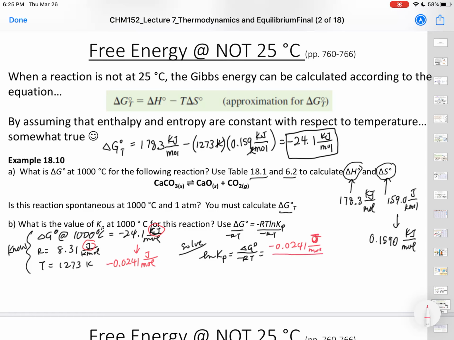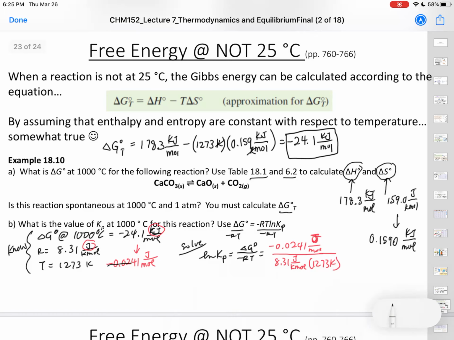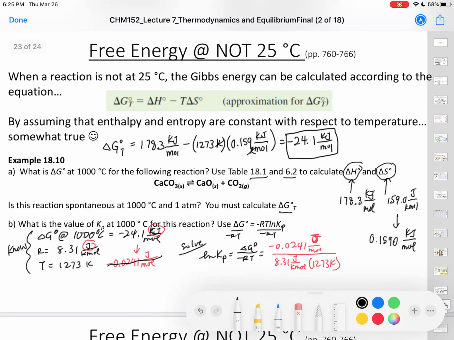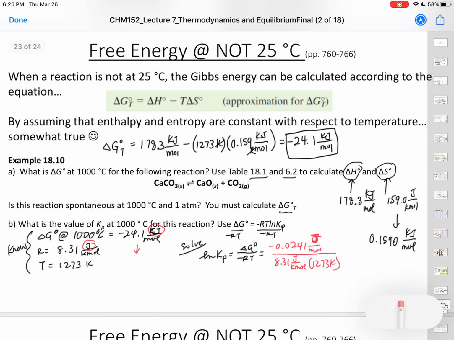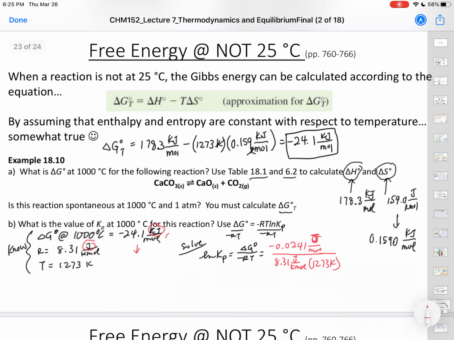So then you get minus 0.0241 joules over mole all over 8.31 joules over K mole times 1,273 Kelvin. Okay, so if you do this math all the way through, I made a mistake.